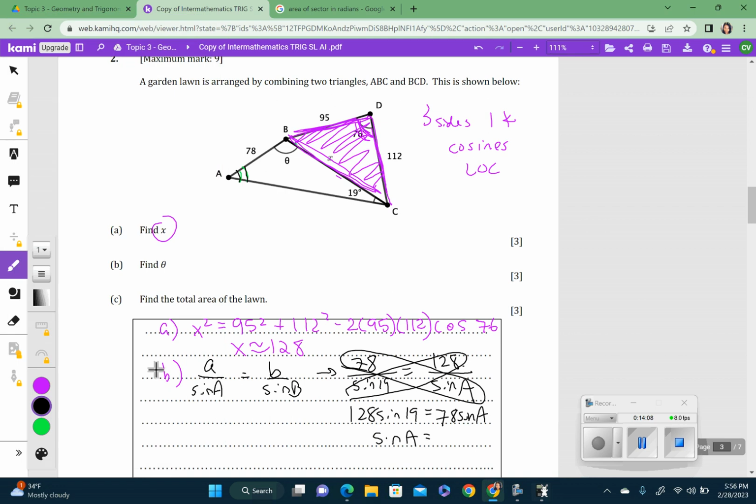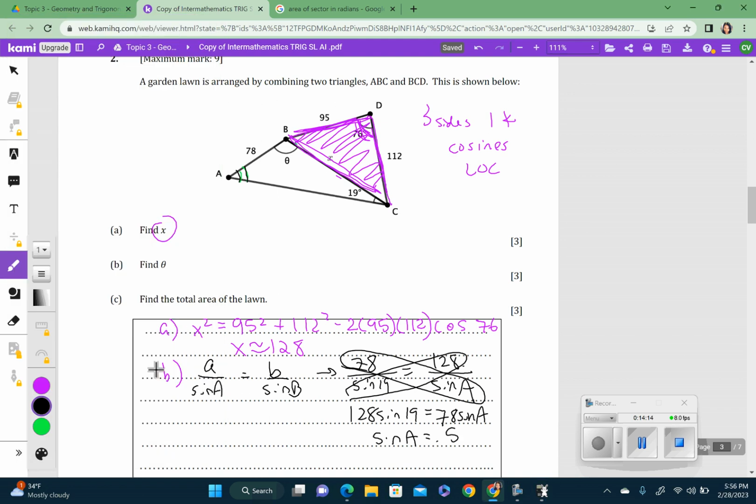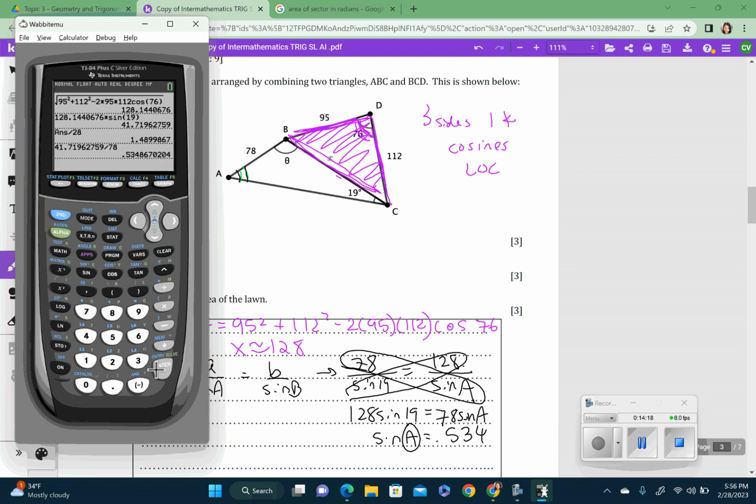So sine of A is equal to whatever, 0.534. So now I'm looking for angle A. To figure out what that is, I'm going to hit second sine, or inverse sine, of this answer right here. And I'm going to hit enter. And that's going to give me about 32.333, whatever. And so that's going to give me this angle right here.